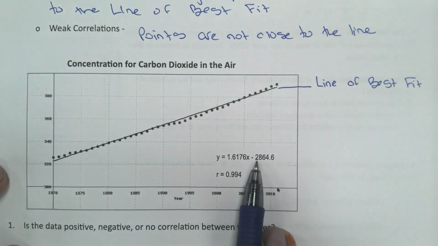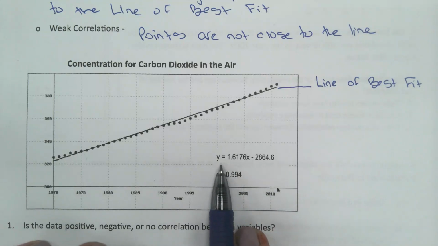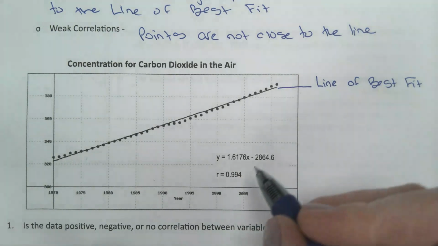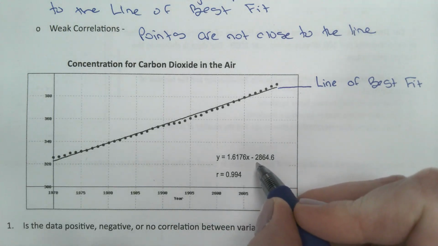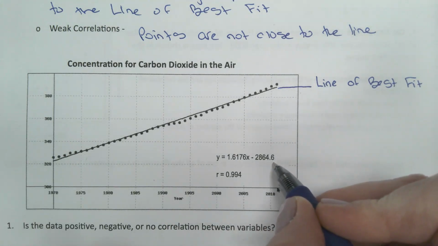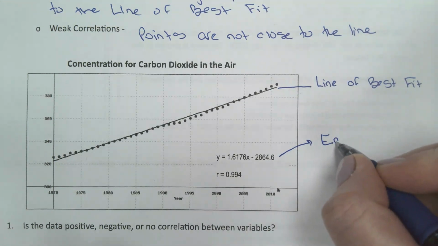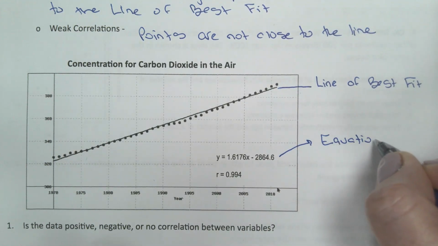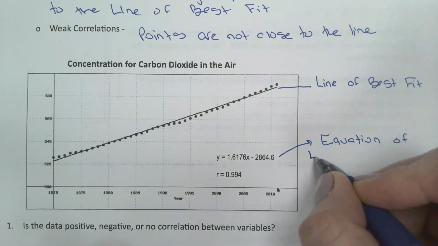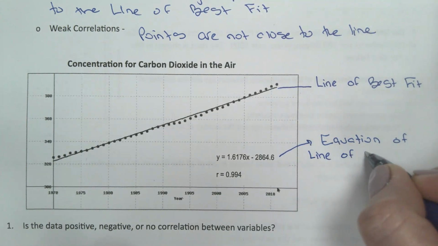On here we have the equation of the line of best fit. This is already in slope-intercept form: y equals 1.6176x minus 2864.6. This is the equation of the line of best fit.